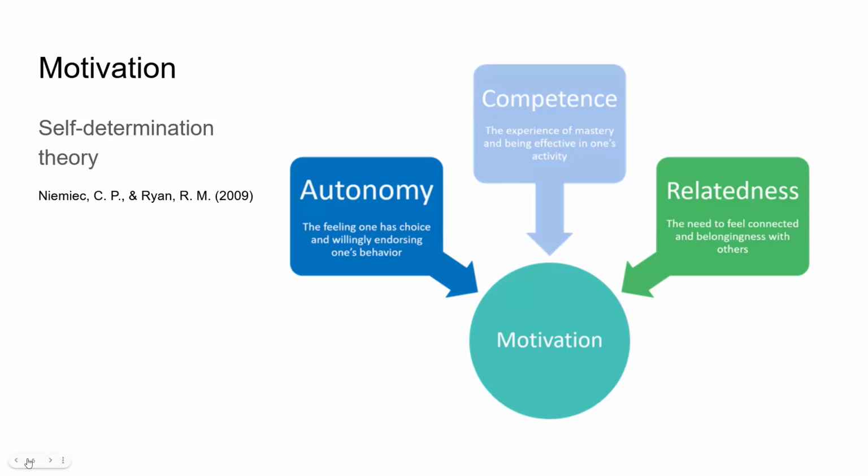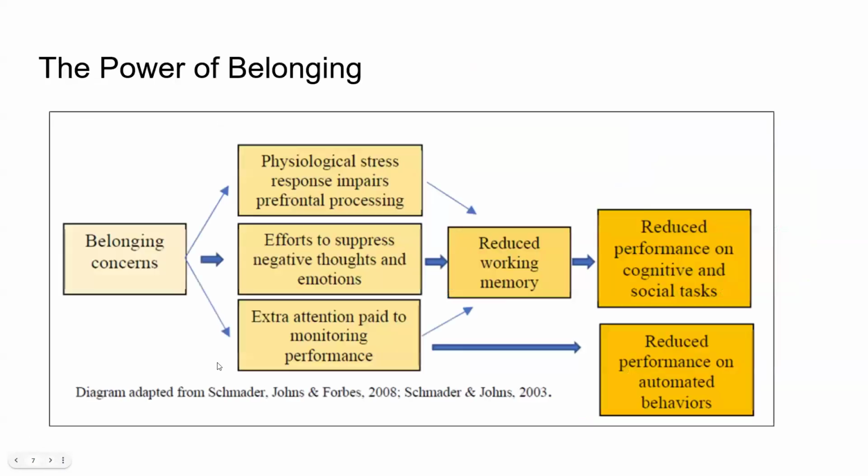And then the third theory that we're using to guide, or not necessarily theory, but thinking about the power of belonging. This diagram is showing that when you don't have a sense of belonging, it has a negative impact on cognitive and social tasks.